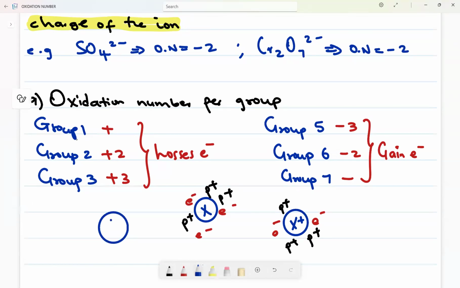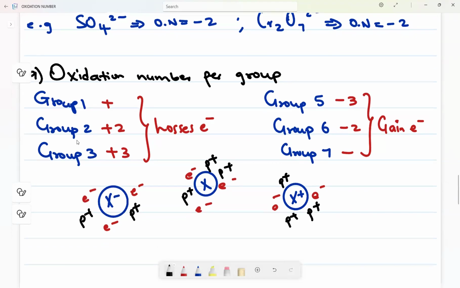If I want to become more negative, I need to eliminate the positives, meaning I need to have more electrons than protons, guys. This is clear. There's nothing clearer than this.